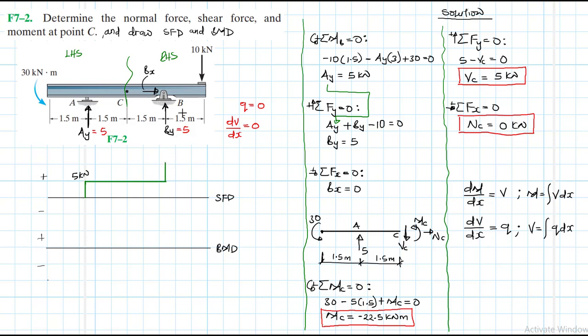Okay, and then from B to the end there, again we don't have any loading in between, so the distributed loading is 0 between B and this end here. And if that is the case, we expect again the slope of our shear diagram to be 0. So we expect it to run like so.